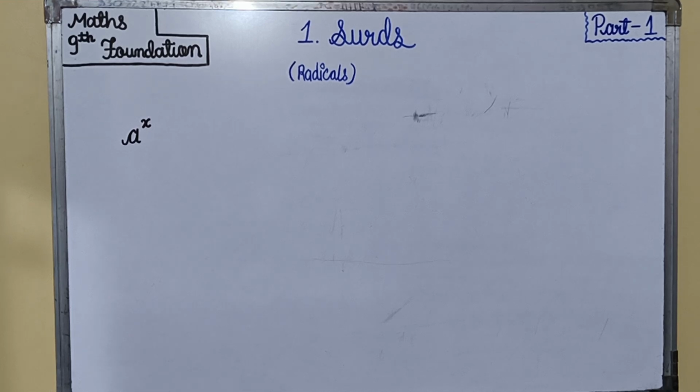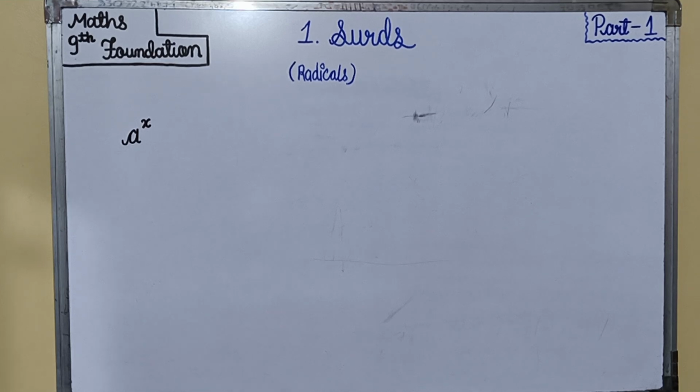We have learned real numbers, then rational numbers and irrational numbers. Rational numbers means a number which can be expressed in the form of p by q, where q is not equal to 0 and p and q are integers. That is called rational number.